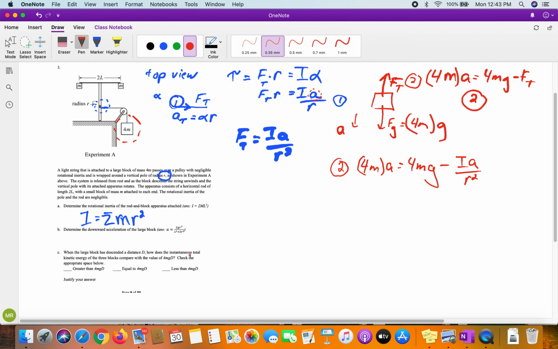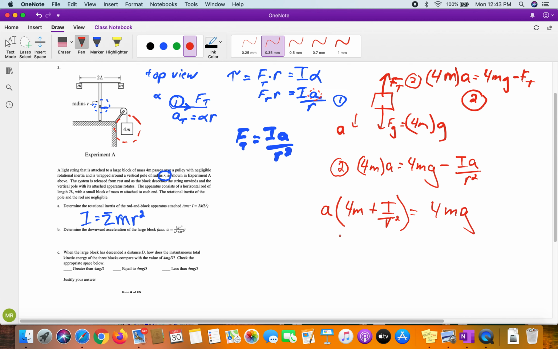Now, the question in part B is what is the acceleration? So we got to get all our A's to one side, and we can do some factoring. I'll leave it to you guys to do the math, but I get A brackets 4m plus I over r squared equals 4mg.